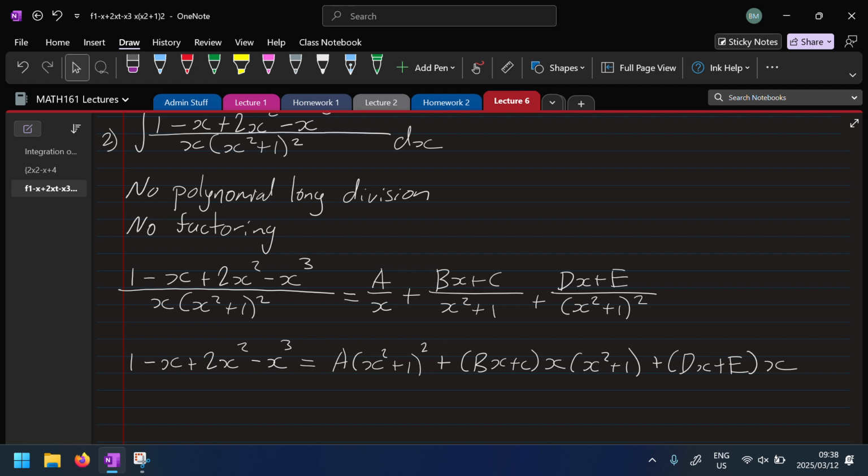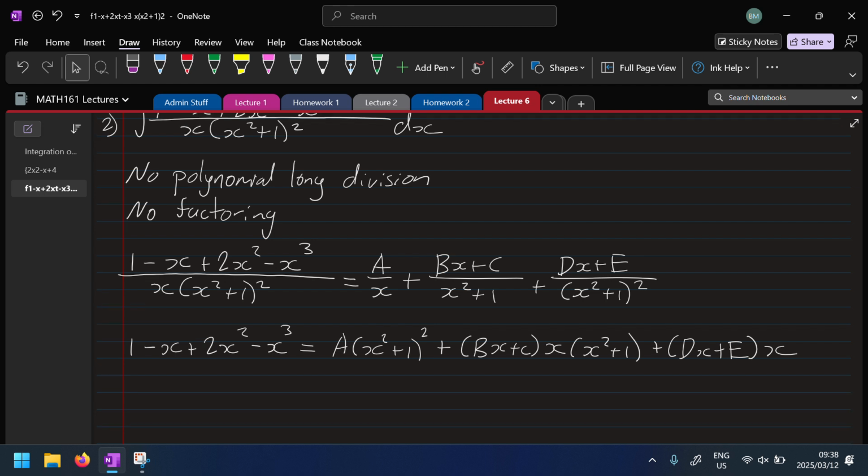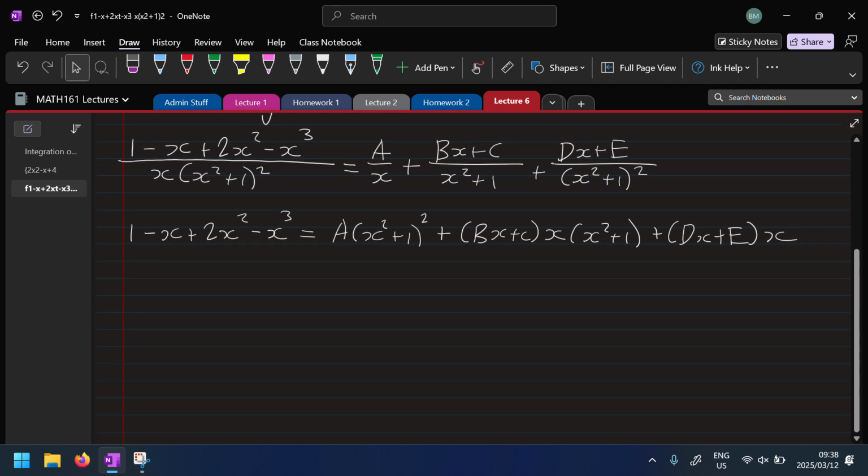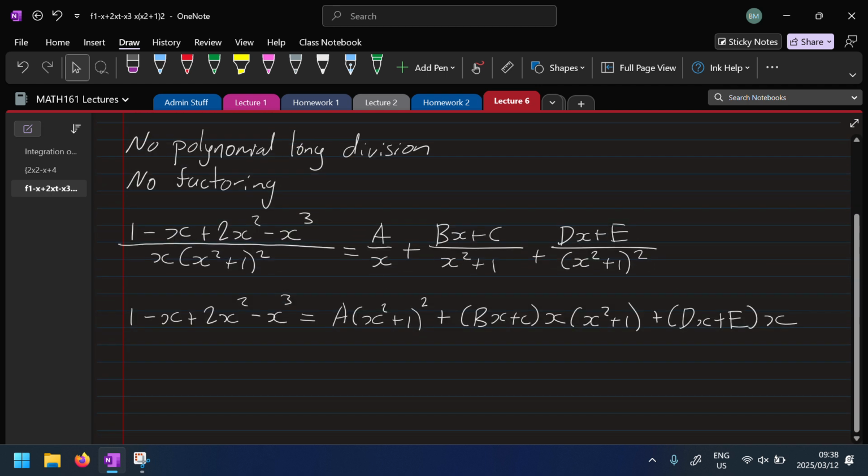This whole right-hand side here, we multiply it all out so that we get the cubic terms, quadratic terms, linear terms, constant terms, and then we compare the coefficients. You can either do that by inspection, like we did before, or you set up your system of equations. I'm not going to tell you which way to do. You can find the best way for you. So homework, try that out.